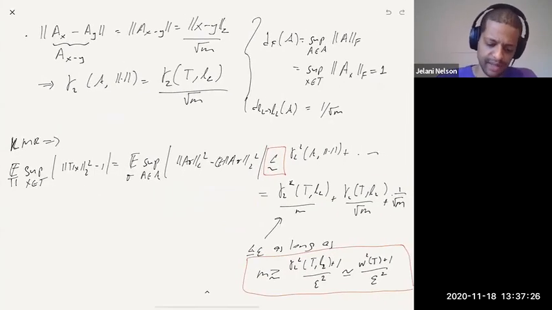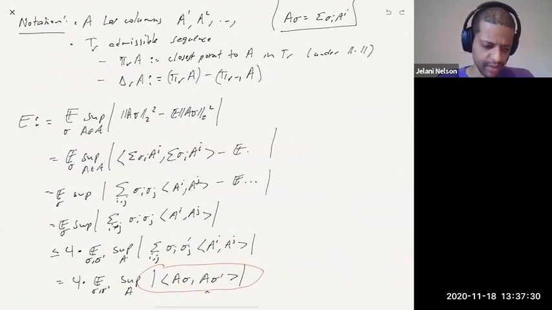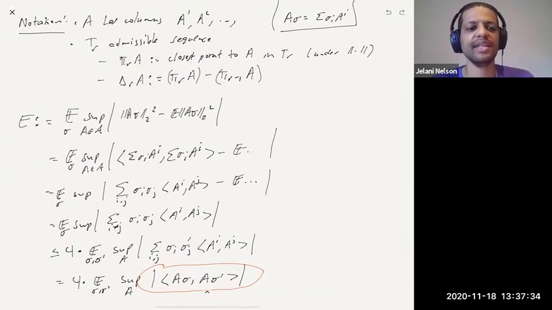So I defined, let's go to where we were for KMR. Okay, good. So I defined E as being that expectation of the supremum of the stochastic process. And I denoted the columns of A by A1, A2, etc. And I said that T_R is an admissible sequence.